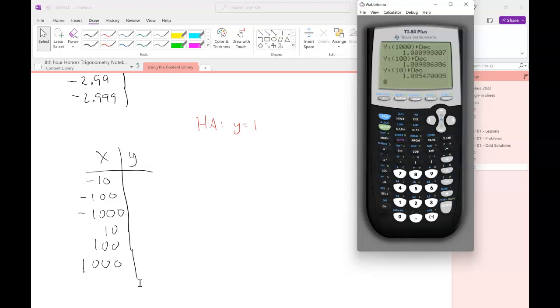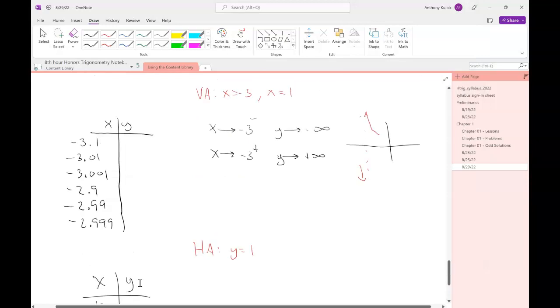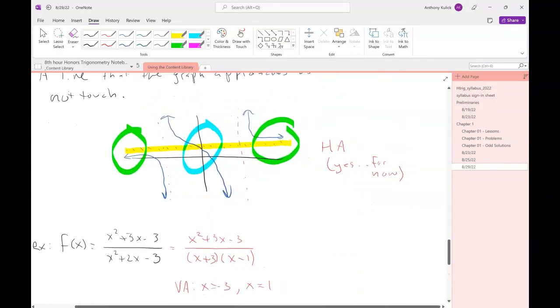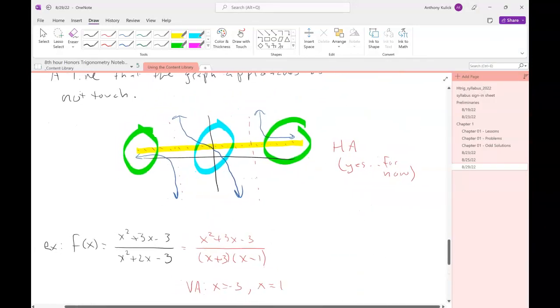Do you have to do both ends? Yes. Pierce? I thought that because there's the middle line that goes through 1, how is it still a horizontal asymptote at 1? We're just going to call those still horizontal asymptotes for now.